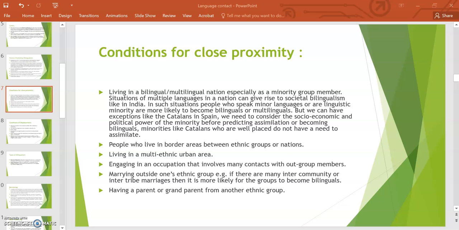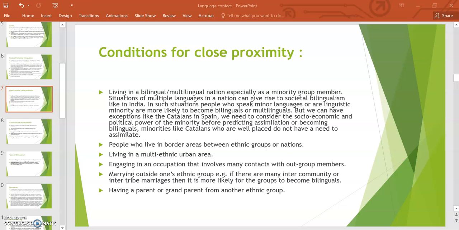Even in India, the states are organized on linguistic basis. So those people who live on the border areas, for example, the border of Maharashtra and Karnataka, are more likely to be bilinguals. They are more likely to know Kannada as well as Marathi.